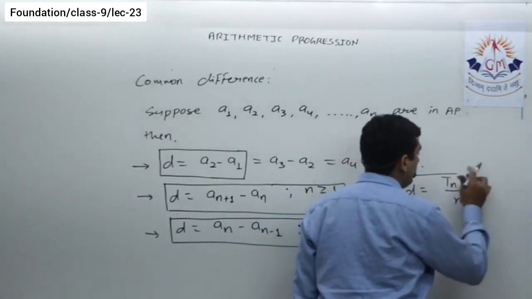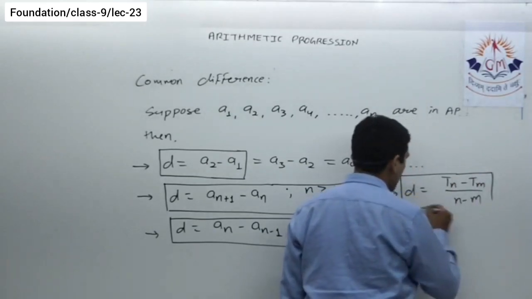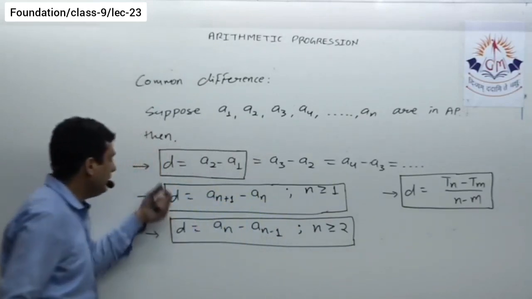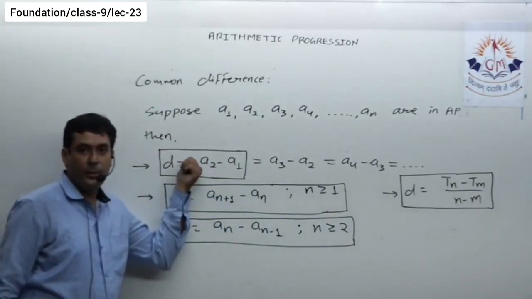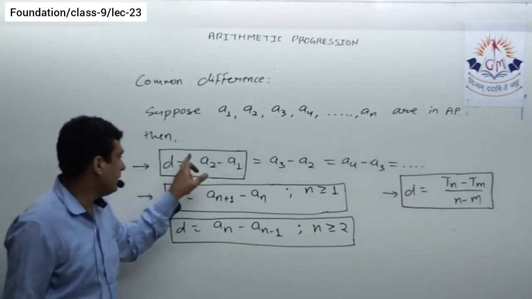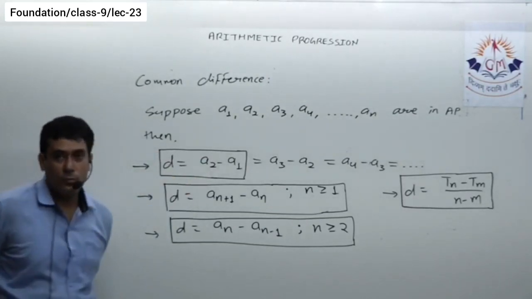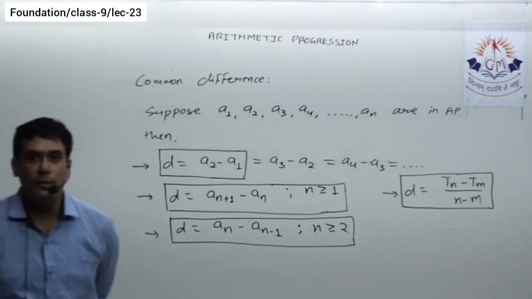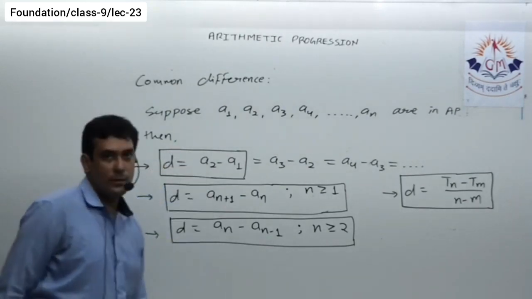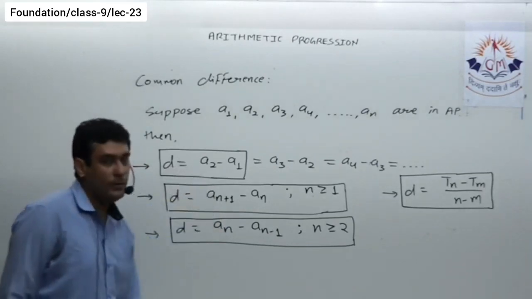We'll see how to get this, but right now just note down these 4 formulas. And of these 4 formulas, the very basic one is the formula we need every time we solve a question. So note down these formulas and then we'll see some questions based on this concept, based on common difference.